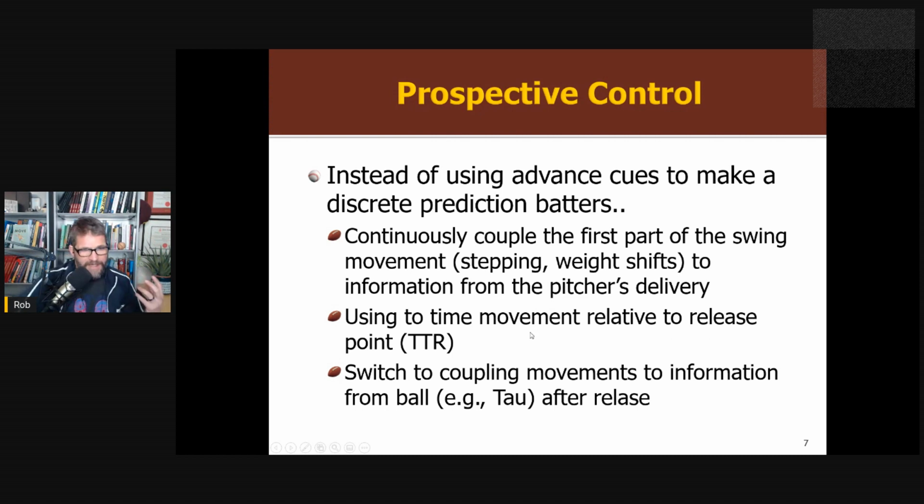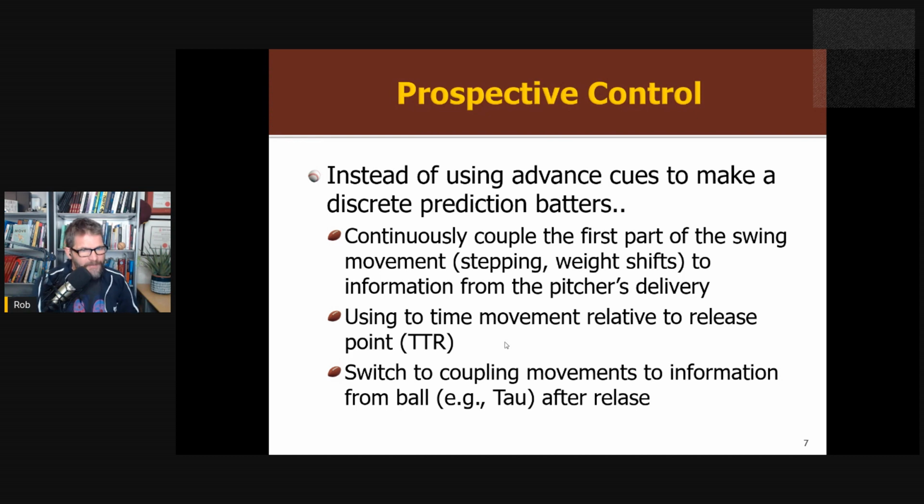For example, I'm going to show you in a second my model for baseball, that what they're using is timing their movement relative to the point the pitch is going to be released. After that, they're going to switch to using information about where the ball is going to be, the time to collision from the ball flight, right? And that's kind of incorporated into the predictive control models too: you do an initial prediction and then you update that prediction as you get more information.